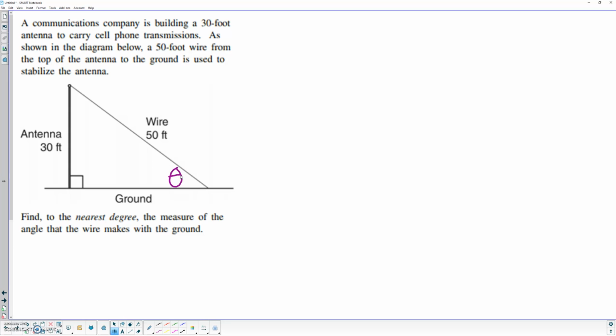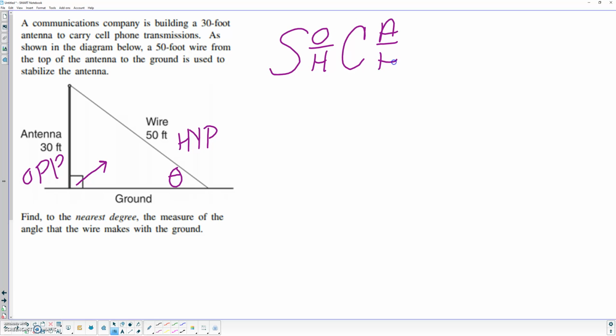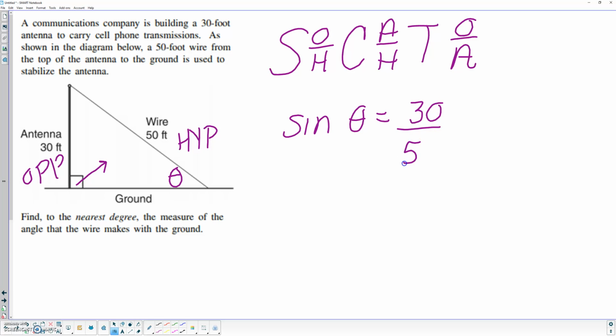Okay, so the side labeled 30 feet, that's opposite our angle. And the side labeled 50 feet is opposite the right angle, so that's our hypotenuse. So if I write down SOHCAHTOA on the side of my paper, we know the ratio involving the opposite side and the hypotenuse is sine's ratio. So we're going to do sine theta equals opposite over hypotenuse, 30 over 50.